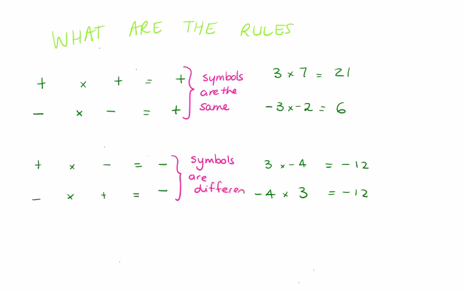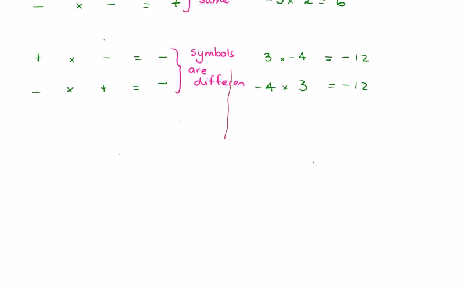And the same actually works for division. So if you had a positive number divided by a positive, or a negative divided by a negative, our answer is always going to be positive.